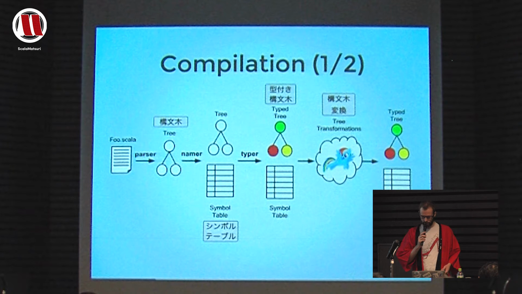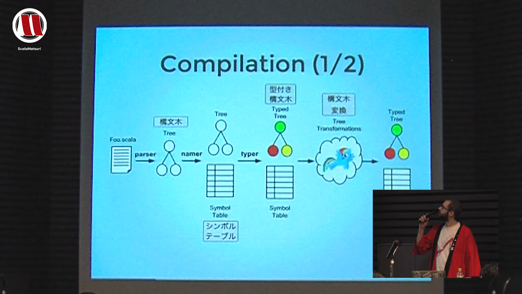And then a little bit of future history. From 2.12, the new backend and optimizer that I showed you will be the default. So there will be no more iCode. You'll go straight from your trees to JVM bytecode. So the size of the code base, it's this number here.